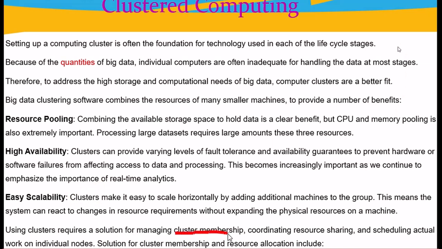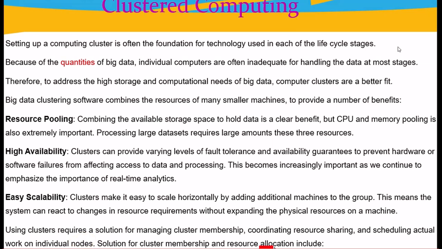So it is also flexible, and you can store as much structured or unstructured data as needed, and decide how to use it later. There are different ecosystem tools especially used in cluster computing.